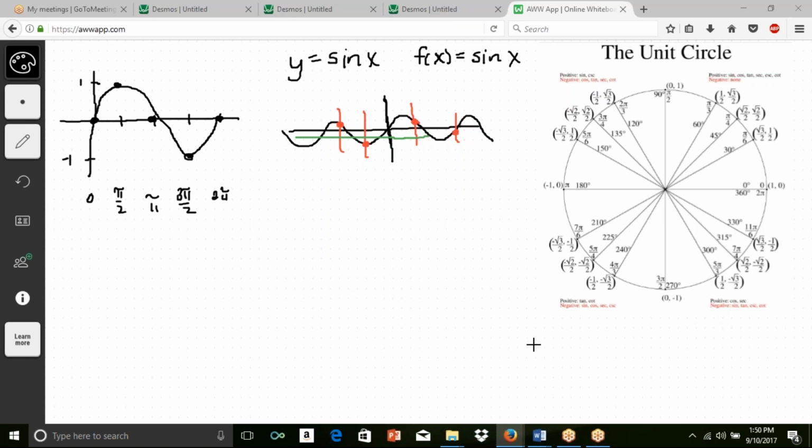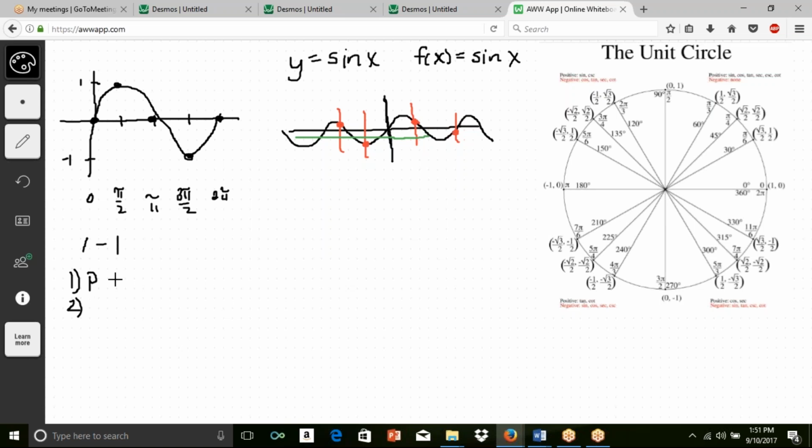Okay, so now we know that it passes the vertical line test, but it fails the horizontal line test. We know that this function as it is is not one-to-one, because a one-to-one function has two properties.